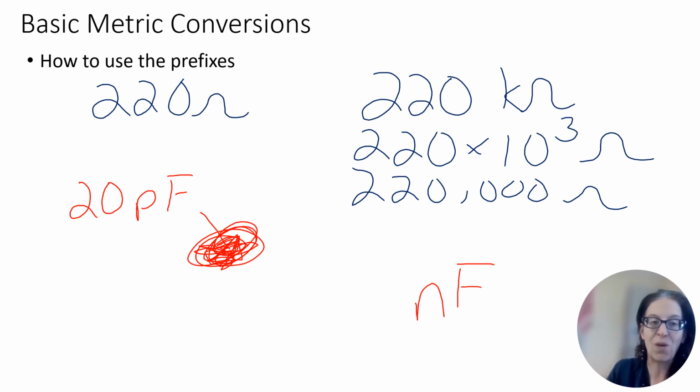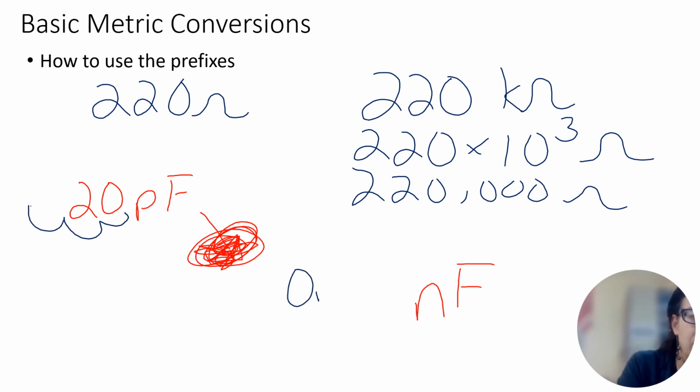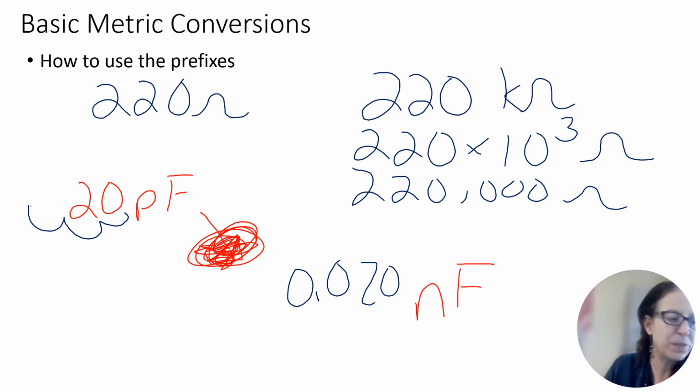If you need 20 picofarads, you do not need 20 nanofarads. So you'd end up with 0.020 nanofarads.